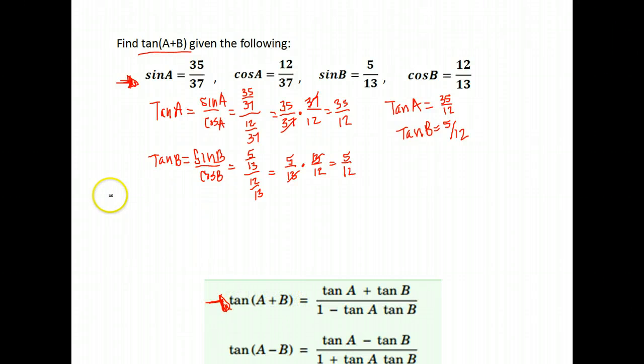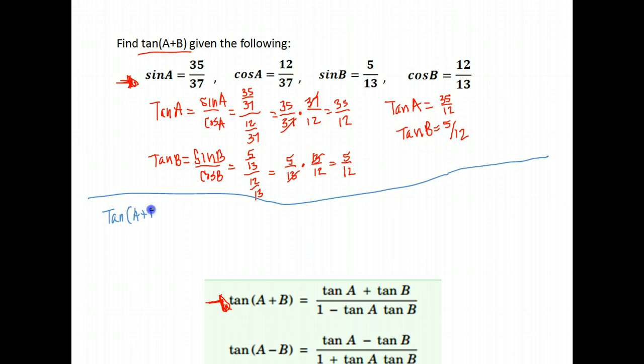So again, now we're finding tangent A plus B. The identity says that's equal to the tangent of A, which was 35 over 12, plus the tangent of B, which we found to be 5 over 12, all divided by 1 minus tangent A times tangent B. So 35 twelfths times 5 twelfths.